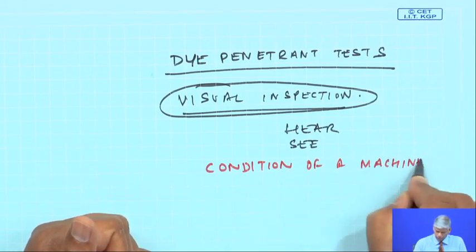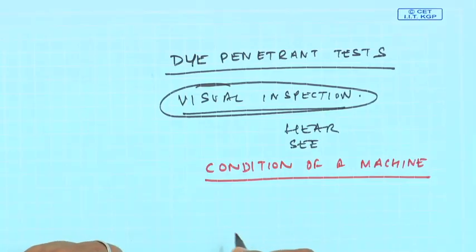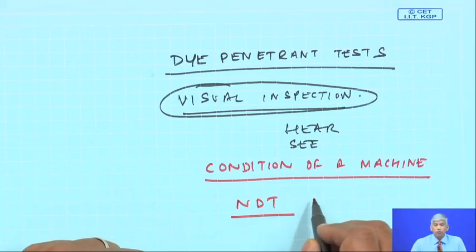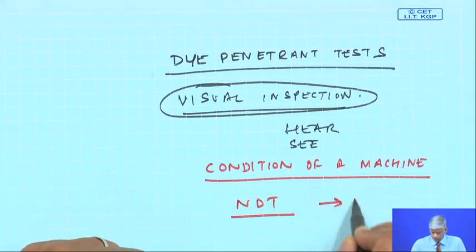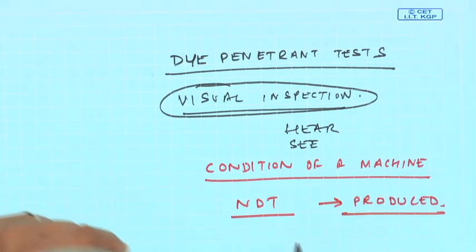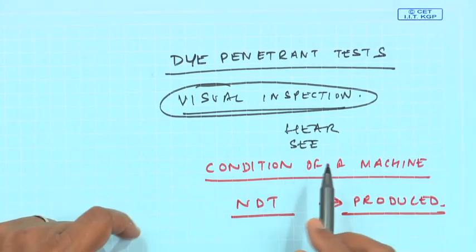Of course, when we talked about CBM, I did mention that to know the condition of a machine, the machine has to be living or running, or operating. But when you talk about certain NDT testing techniques, the machine has been produced and then we do a quality inspection, or the machine is on the shop floor and we inspect.